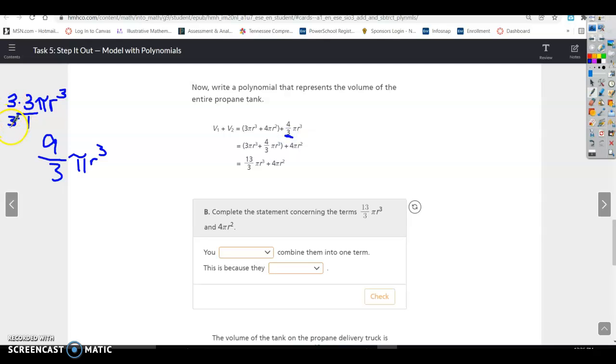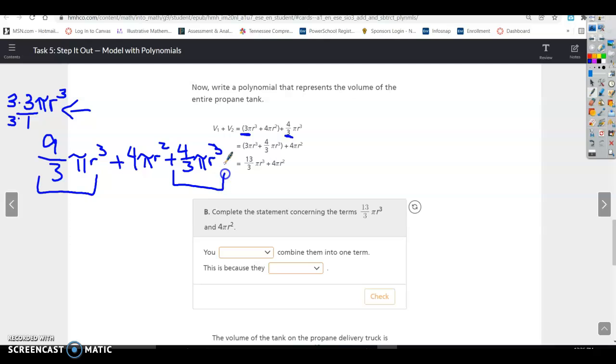So I have 9/3 pi r cubed, and then plus 4 pi r squared, and then plus 4/3 pi r cubed. So you can see, so far the only thing I did was rewrite this as a fraction, okay? So I rewrote that as a fraction, and now I can combine like terms.